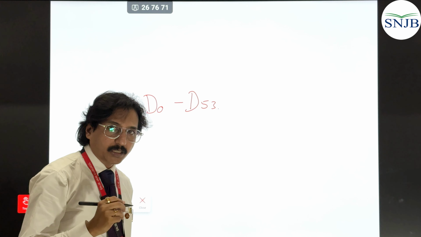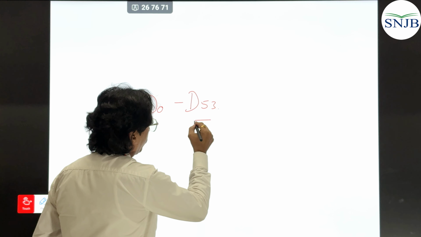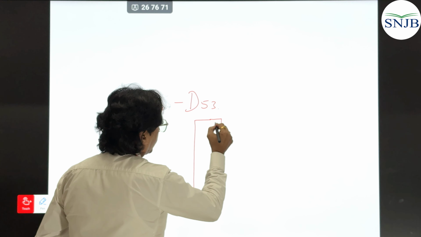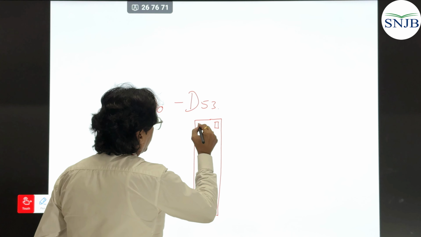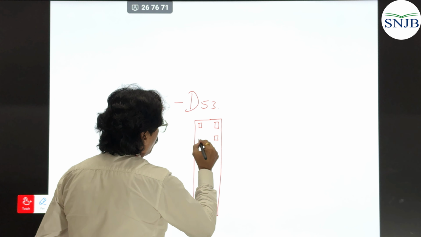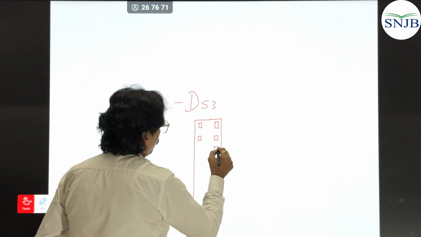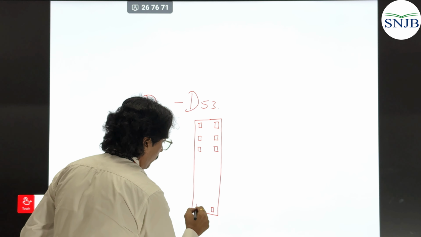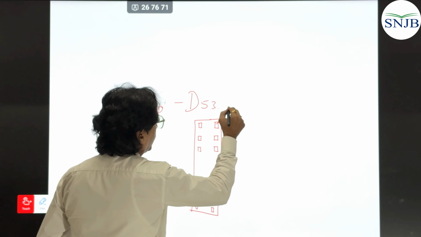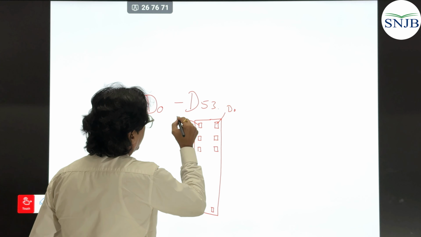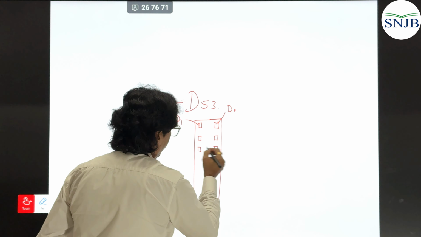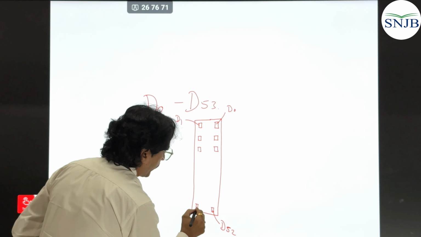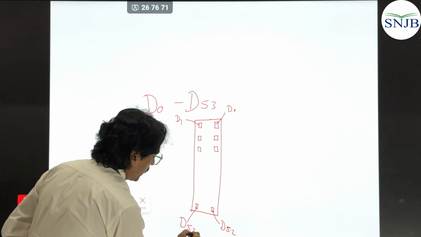For example, this is the socket which has been shown, and this is digital pin 0, this is digital pin 1, 2, 3, 4, 5, up to 52 and 53. So this is the D0 pin, this is D1, D2, D3, D4, D5, this is D52 and this is the D53 pin.